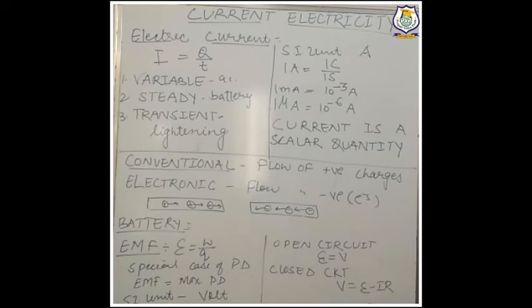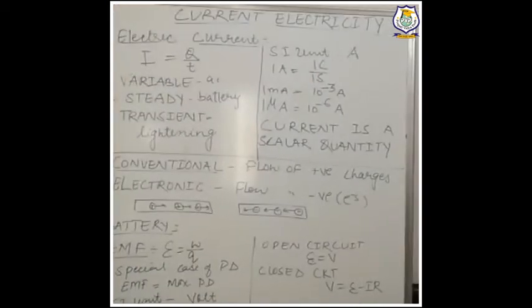And what is the definition of potential? V is equal to W by Q, meaning the work done to bring a unit positive charge from one point to another point. That is why its formula becomes V is equal to W upon Q. And EMF is the maximum potential difference, so the formula of EMF will also be E is equal to W upon Q.